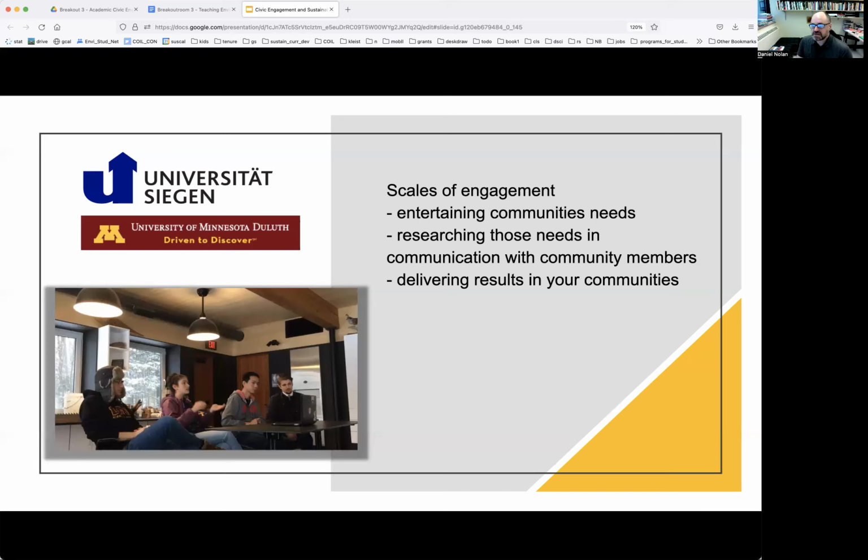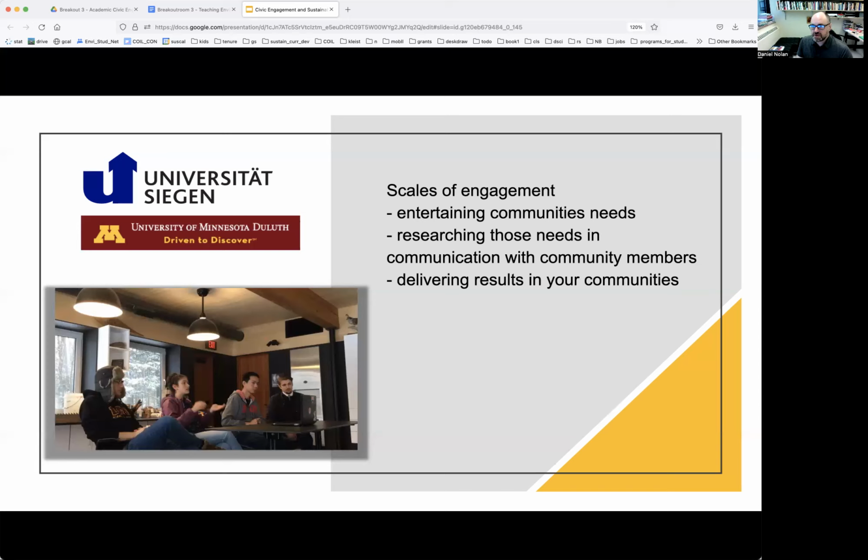And simply by asking those questions, you are engaging with your community already. If you bring in materials that are locally sourced and translate them into German, you're engaging with your community rather than simply asking those questions in the abstract, and that helps to ground the learning that's happening in your courses.